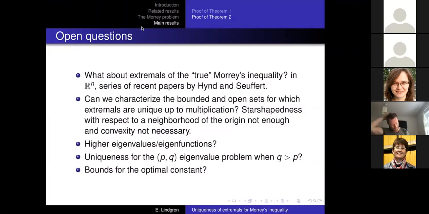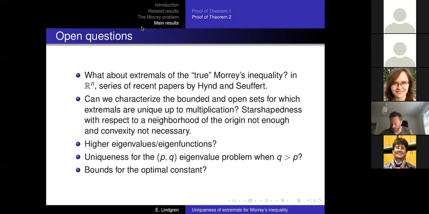Maybe the most interesting inequality could be the one with the semi-norm. This is something I would like to think about, but for when omega is the whole space, there's a series of recent papers, very nice results by Ryan Hind and Frank Seufert, where they characterize extremals and prove some symmetry properties of this. But for bounded domains, I have no idea what to do.